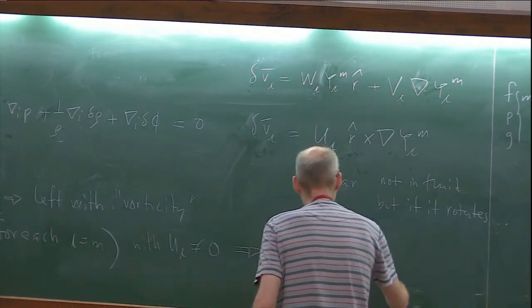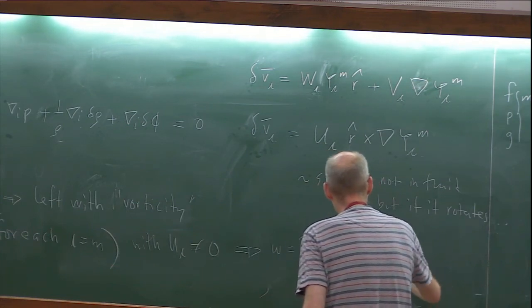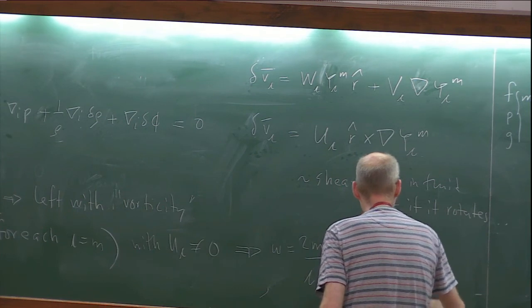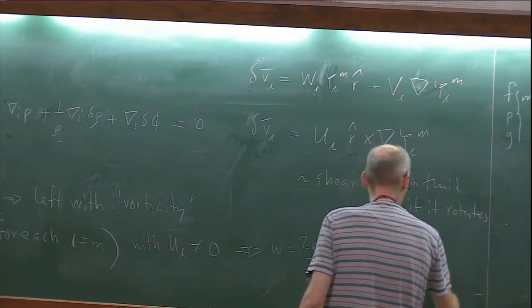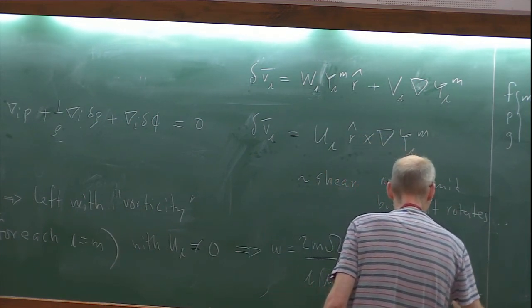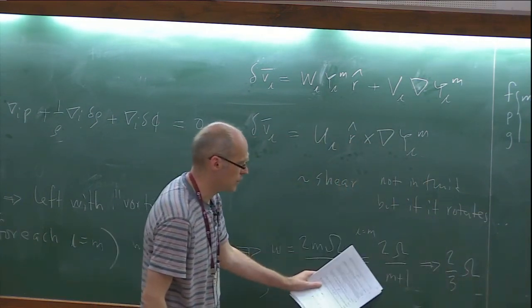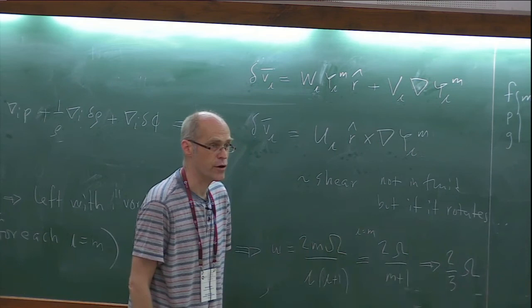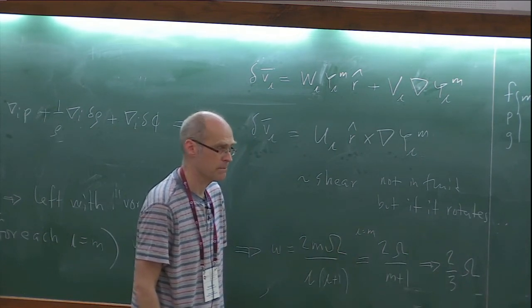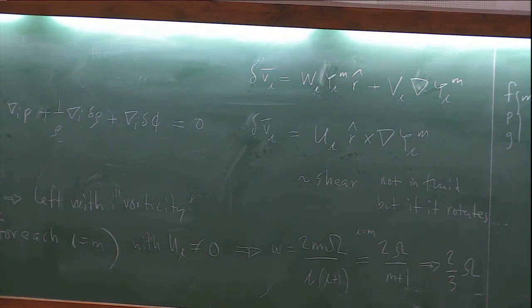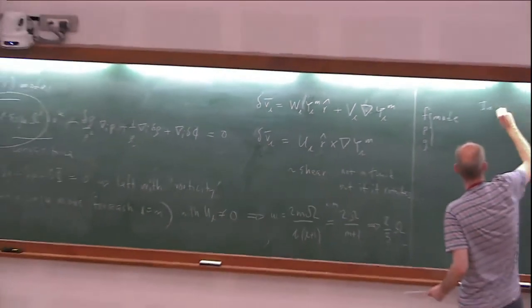So this is just 2 omega over M plus 1. So if you put in M equals to 2, for the quadrupole this is 2/3 of omega. So that's in the rotating frame.